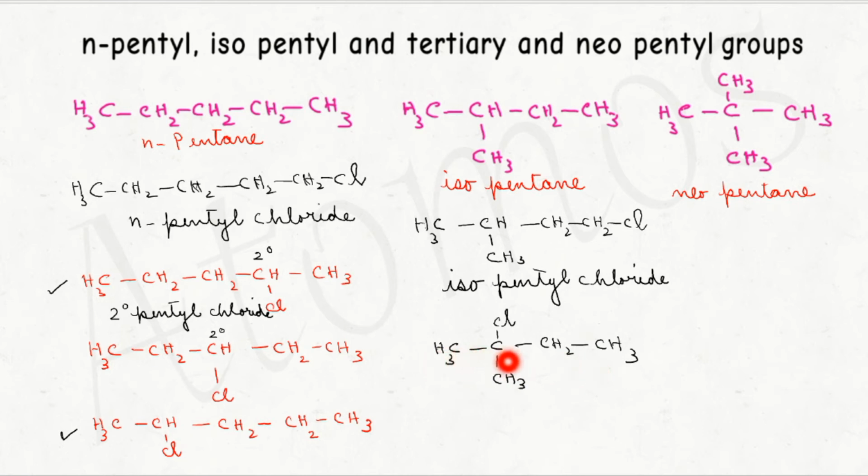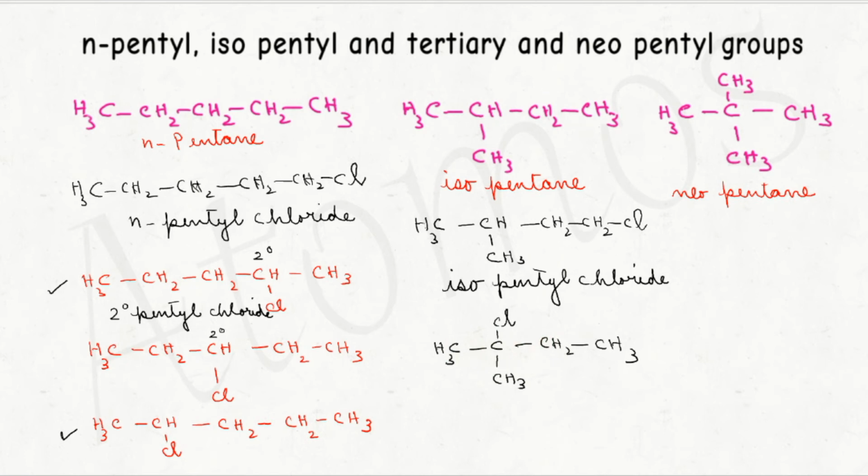This will be having 5 carbon atoms with 1 branching, so this will definitely be isopentane only. Then we will have to see where the substituent is attached. It is not attached to any N carbon atom. It is in the middle. So that time we will have to identify what type of carbon this is. This carbon atom is directly attached to 3 other carbon atoms.